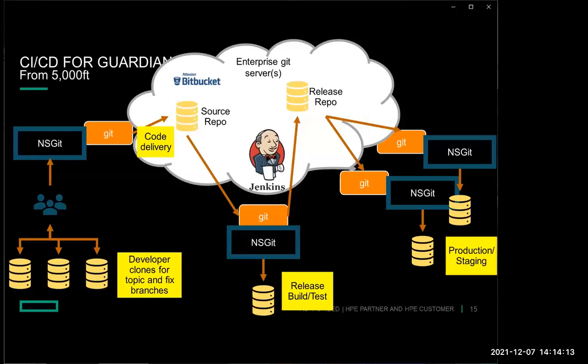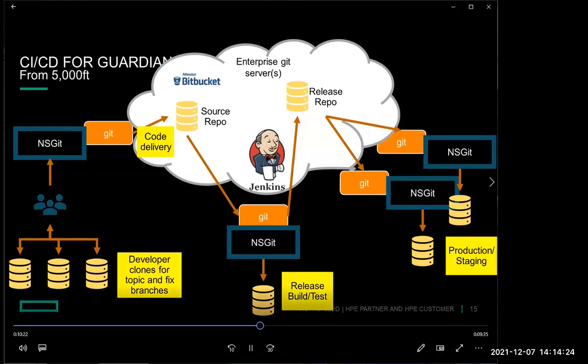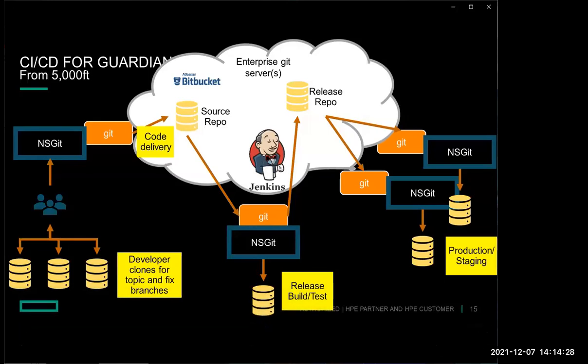There are lots of different ways of arranging the clones being copies of the application. These clones allow you to do parallel development. This is a big part of the power of NSGit and Git, where you can do development on one thing at one time and in another thing at the same time.